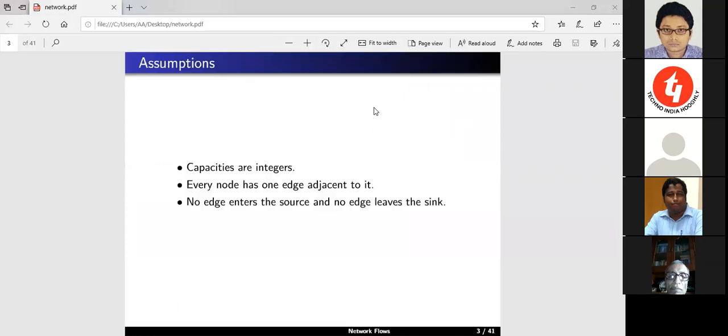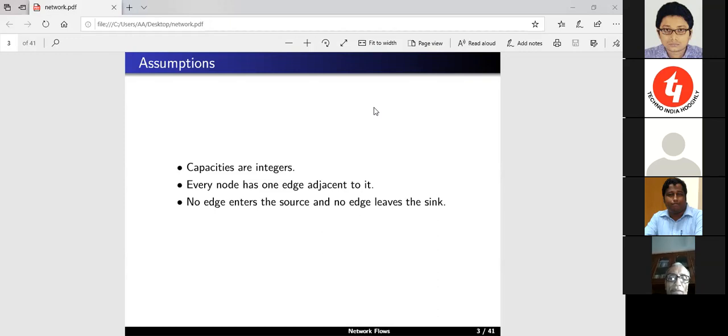For the time being, we are assuming that capacities are integers, and we are assuming that every node has at least one edge adjacent to it, and no edge enters the source and no edge leaves the sink. This is important in the sense that nothing comes into the source and nothing goes out of the sink. Basically the commodities are being moved from the source to the sink.